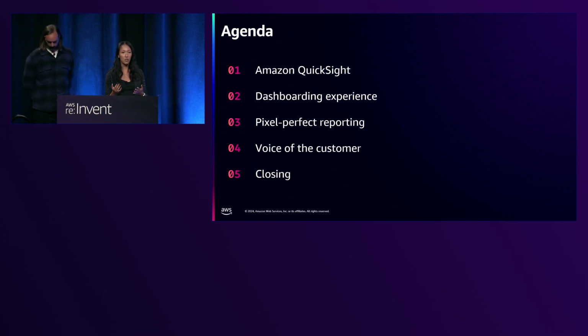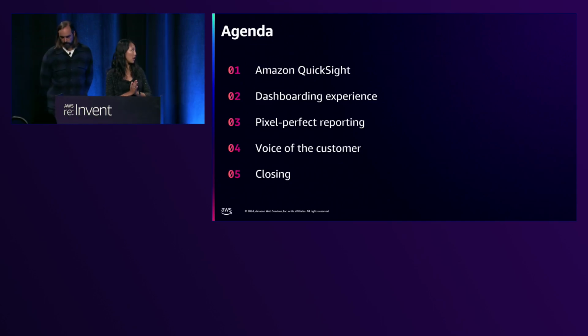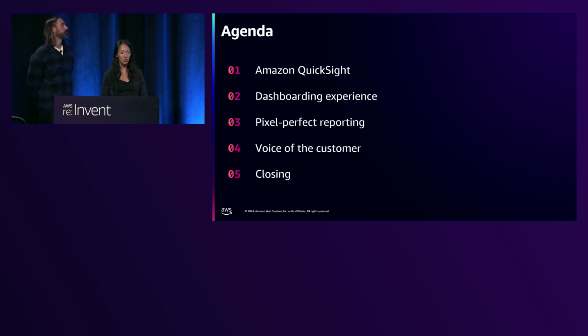Specifically, we'll dive deeper into the two experiences within QuickSight, which is first the dashboarding experience, and then also talk about why the Pixel Perfect reporting add-on alongside those dashboards in a unified platform can benefit your business. And then for the second half of the session, our customer Open Door will take the stage and share their journey with QuickSight, why QuickSight, and what they have been able to accomplish.